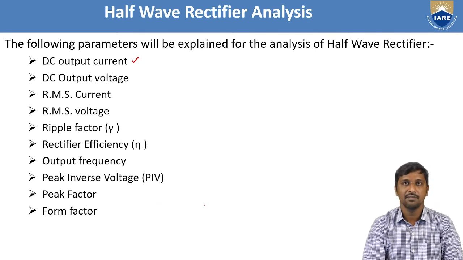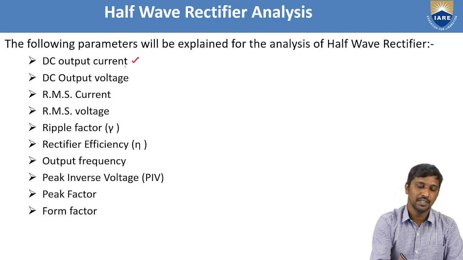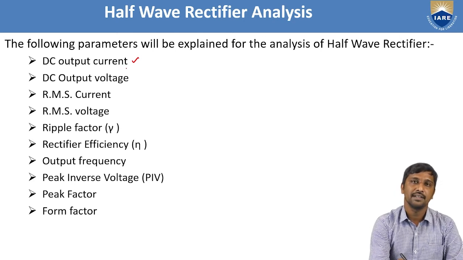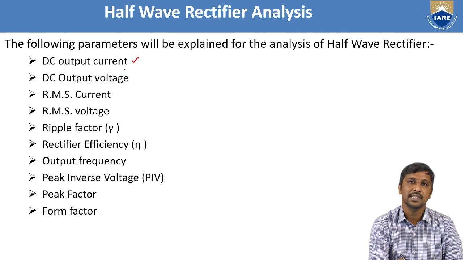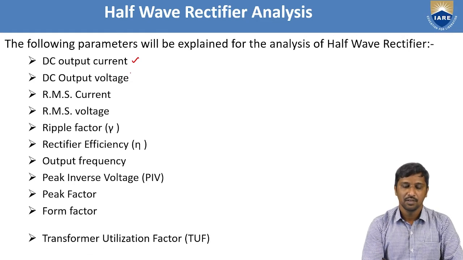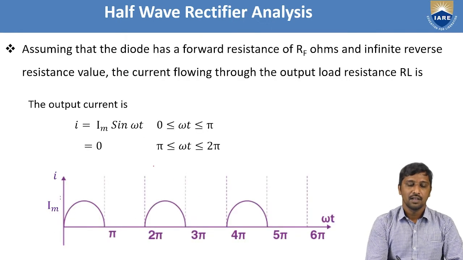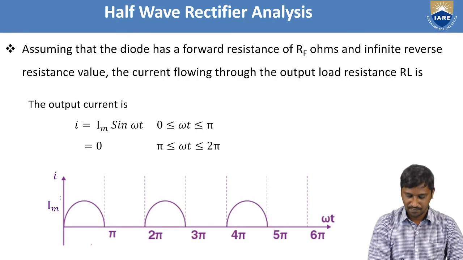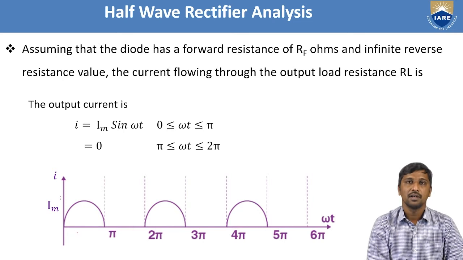Before this, if you want to determine the DC output current, first we need to observe how much current is flowing across the load resistance during the positive peak portion as well as during the negative peak portion. According to Ohm's law, the load resistance is a constant, so I is directly proportional to voltage.